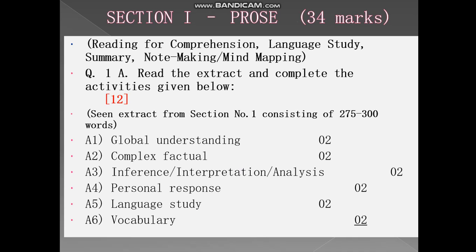Then A5, language study. In language study, they haven't chosen the word grammar, they have used the word language study. So you have to understand what they want from you. They want you to know about syntax, sentence pattern. You should know how to apply different rules like simple, complex, compound, active voice, passive voice.